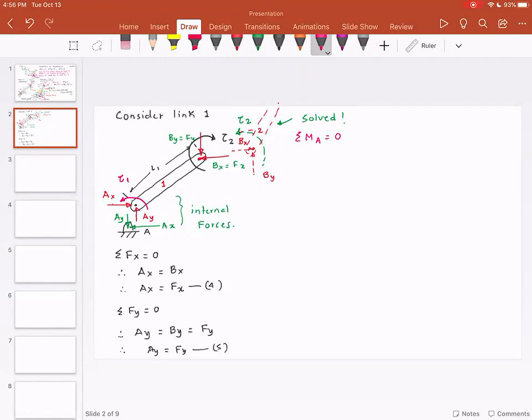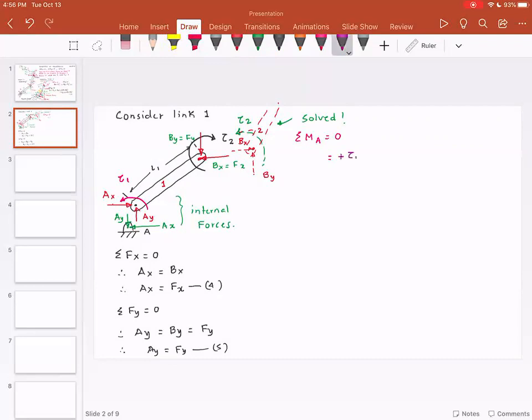Since these forces Ax and Ay pass through the joint A, the moment given by these forces is going to be 0. However, there is torque tau 1. But this tau 1, if you curl your fingers in the direction of tau 1, your thumb is going out of the board, which means this tau 1 is positive.